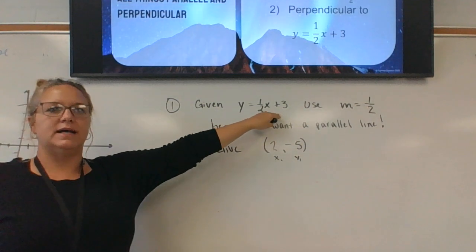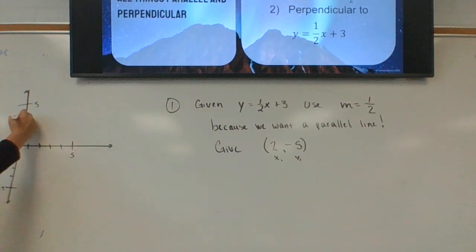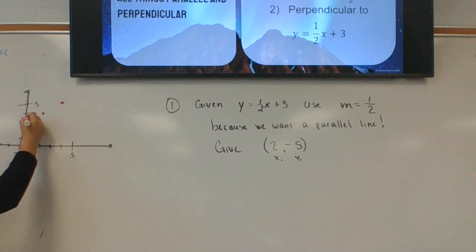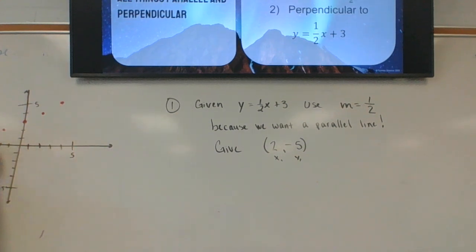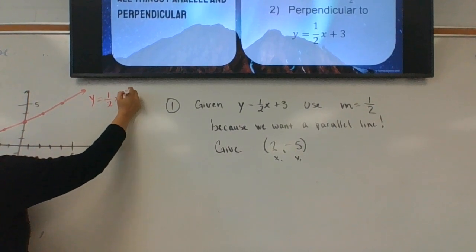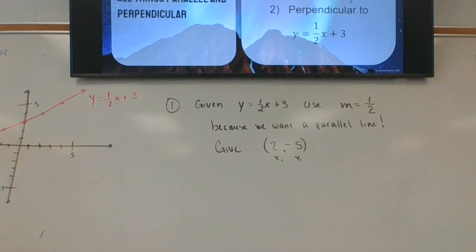So this is our line that we're given. It starts at 3, and it goes up 1 over 2. I wish it was straight, but wishes don't always come true. This is 1/2 x plus 3. We're trying to make a parallel line, so a line that's maybe here or here or here. We're trying to make a train track. We're trying to find its twin.